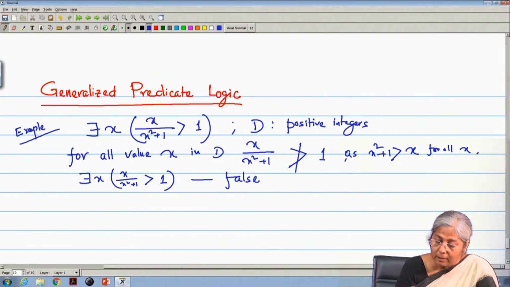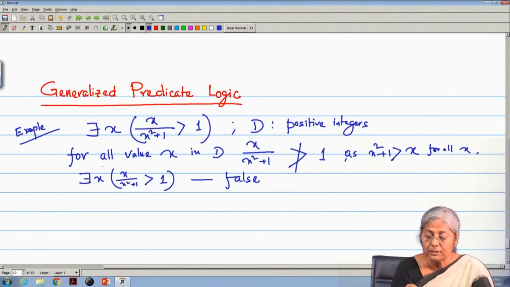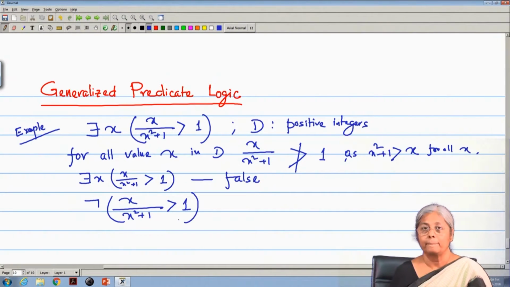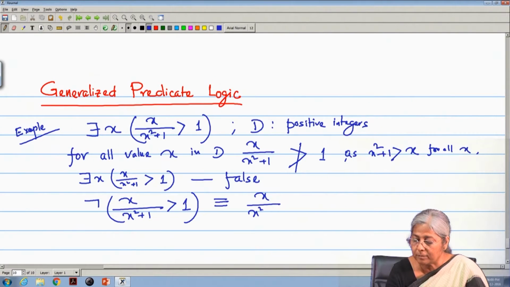Now, what we have seen is that for all values of x, this is not true, this is false. So, if I just invert this, we can take the negation of x by x square plus 1 greater than 1. That is equivalent to x by x square plus 1 less than or equal to 1.